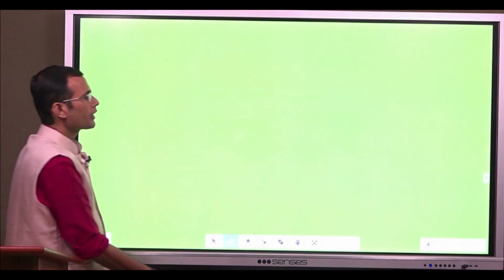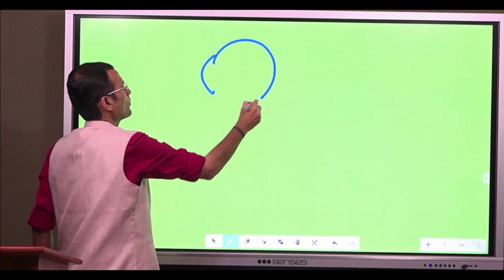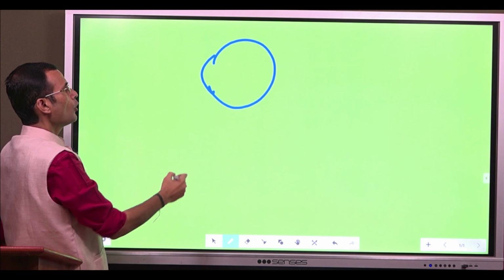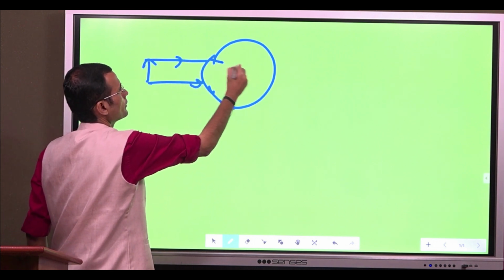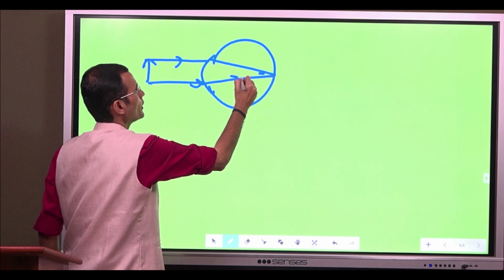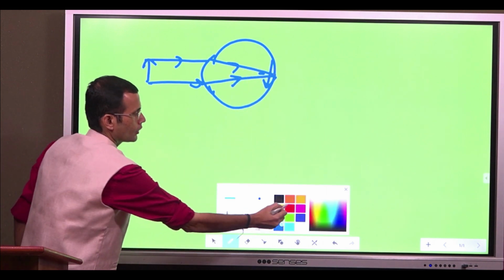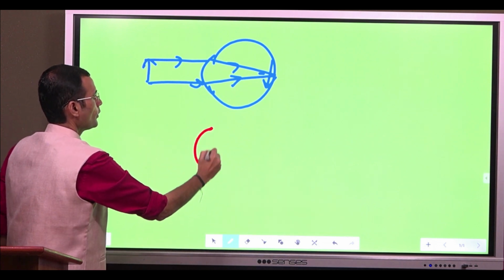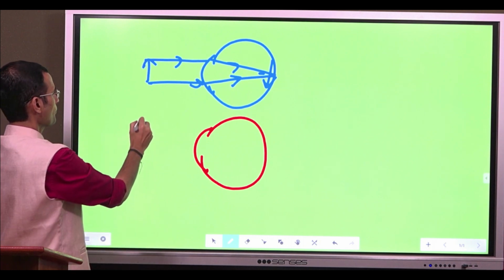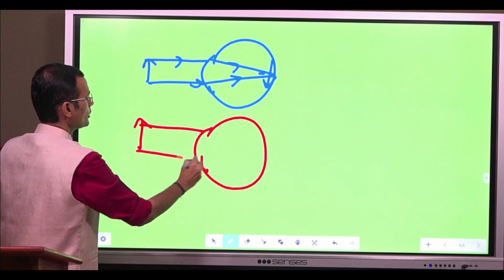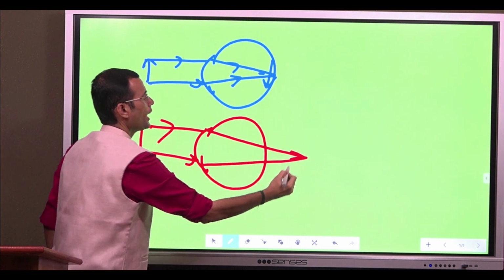Let's have a quick diagram to understand this as well. Here is a normal eyeball. Image forms on the retina for a normal eye, and then when the anteroposterior length of the eyeball is decreased, image formation will occur behind the retina.